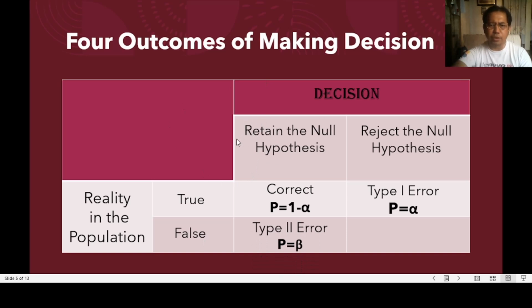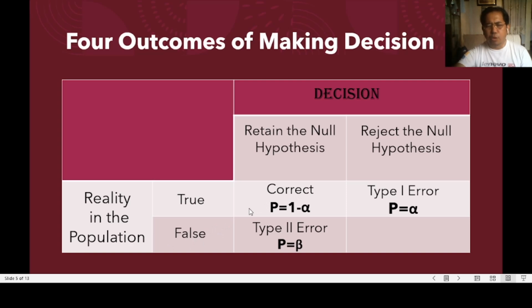That error is considered to be a type 2 error, meaning you actually accepted or retained the null hypothesis when in fact the null hypothesis about the population is false.